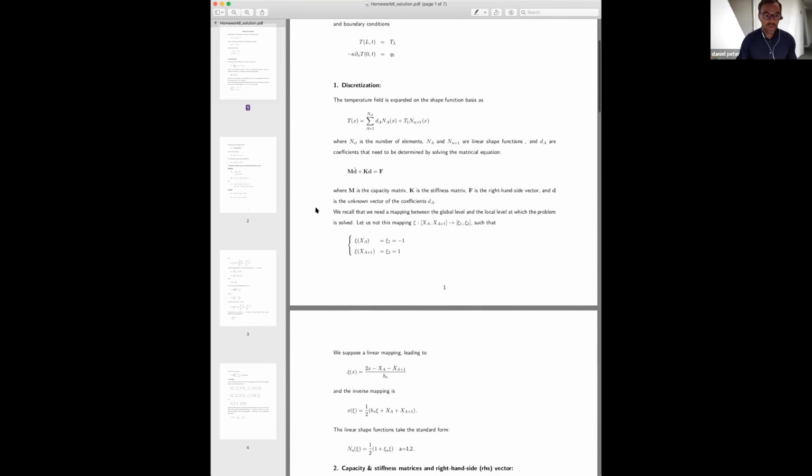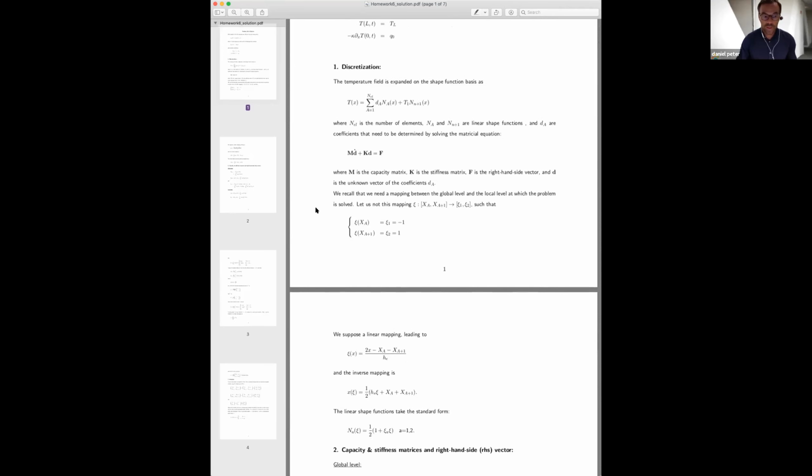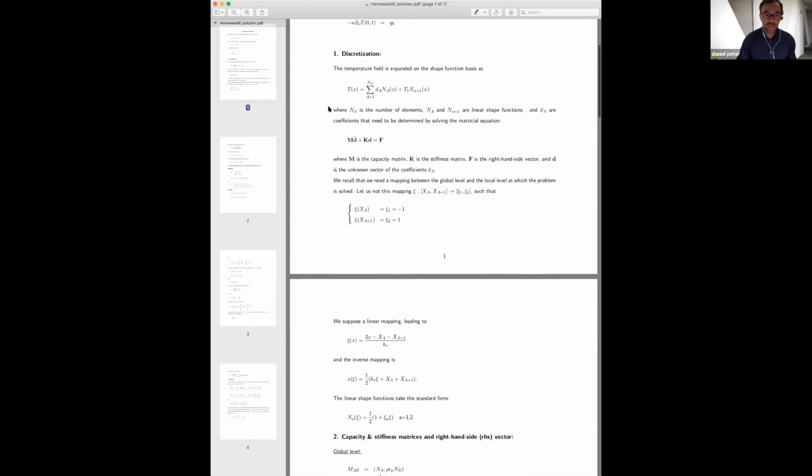And then it continues with the steps that we need for the finite element approach. So it discretizes it to finite elements. We have the function expansion onto a new basis, which is the shape functions.